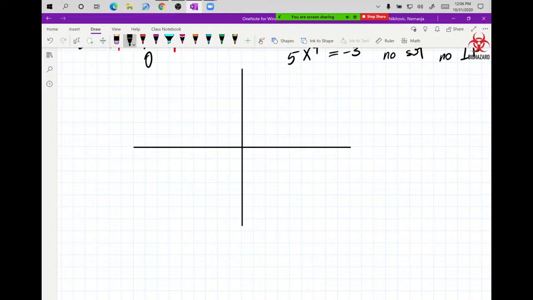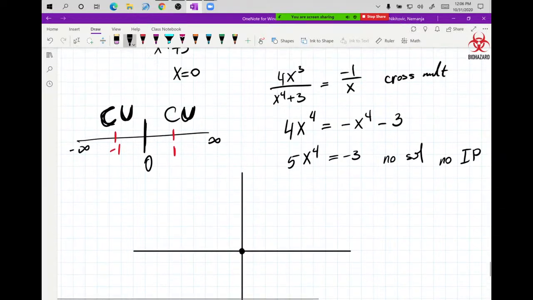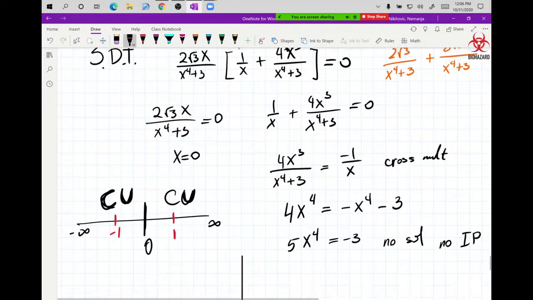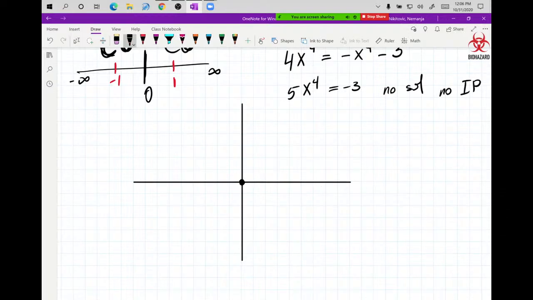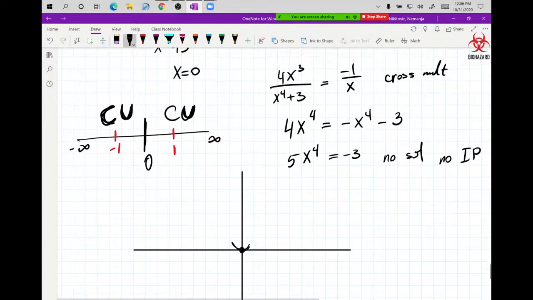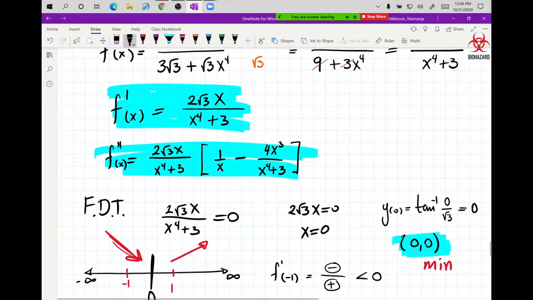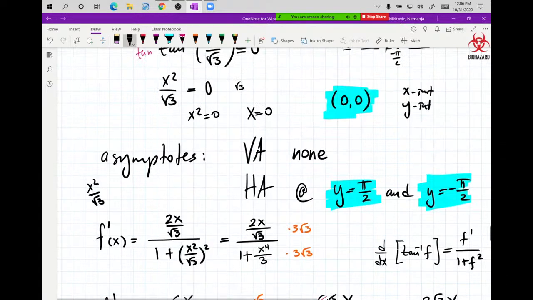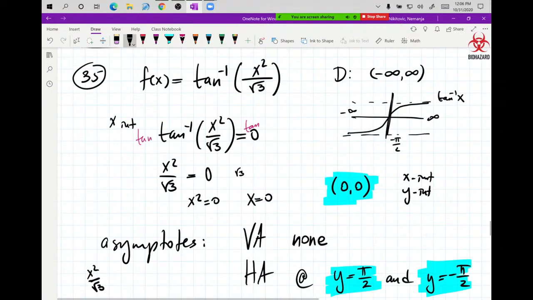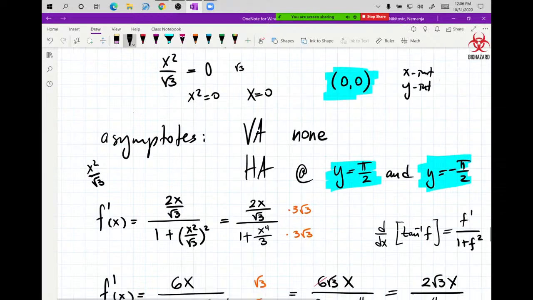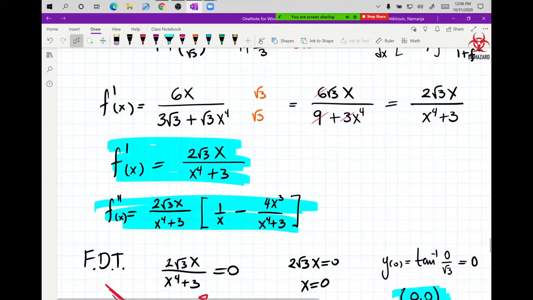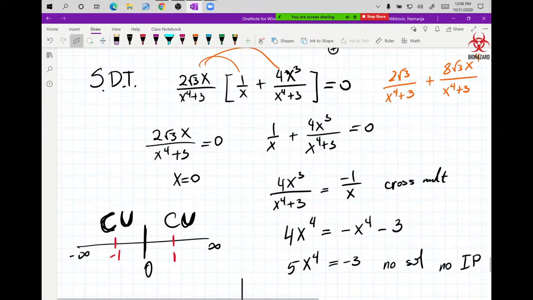I have a 0, 0 right here, which turns out to be, we said a minimum? Minimum. So it's going to have the smiley face through it. And we have the horizontals, and then a decrease and an increase.